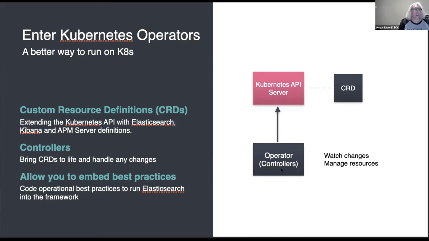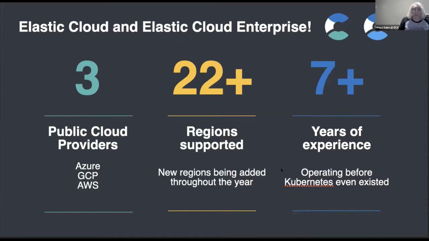And just take a step back, because what's come up a few times, and I think it's worth getting in front of, is we have the Elastic Cloud, which you can go to today at cloud.elastic.co, which is our SaaS, where you don't even have to worry about it.